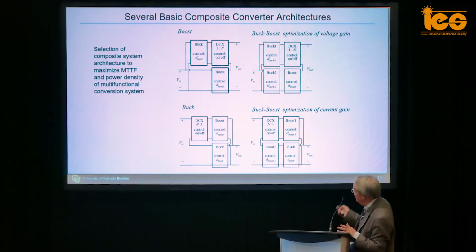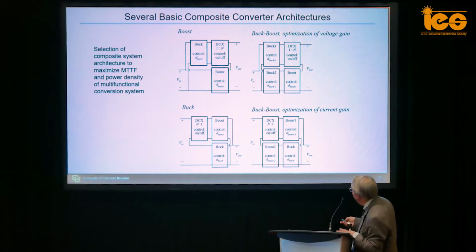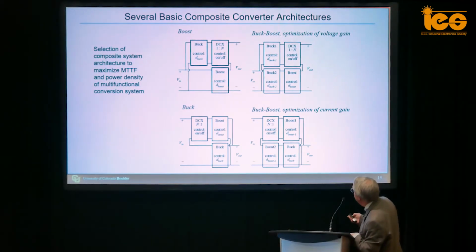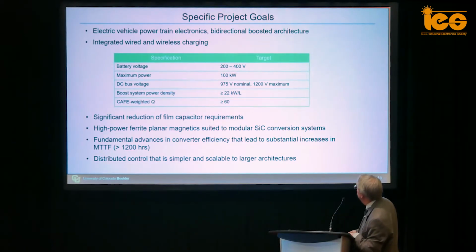There's all kinds of ways to build composite architectures, doing different things, bucks and boosts and other buck boost applications. So there's a lot of possibilities of things, similar approaches.